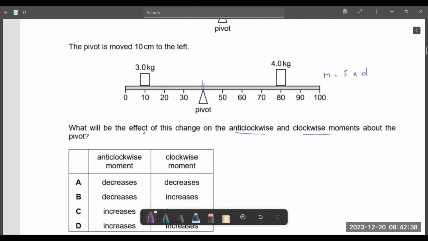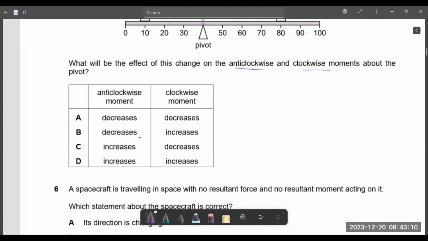So if the force or the distance increases, the moment will increase. Here the pivot has been moved to the left side, so the distance on this side has decreased and the distance on this side has increased. This is the clockwise moment and this is the anticlockwise moment.